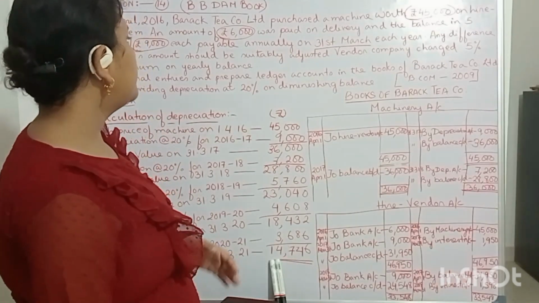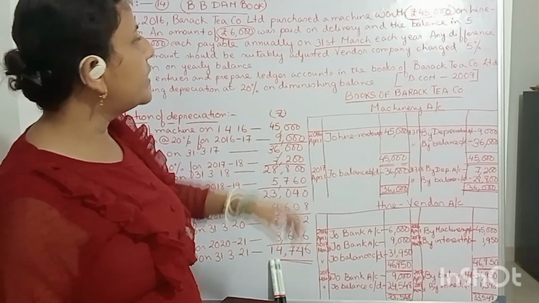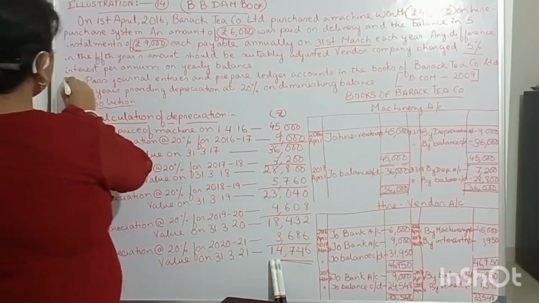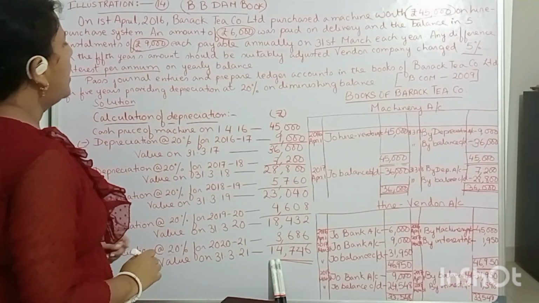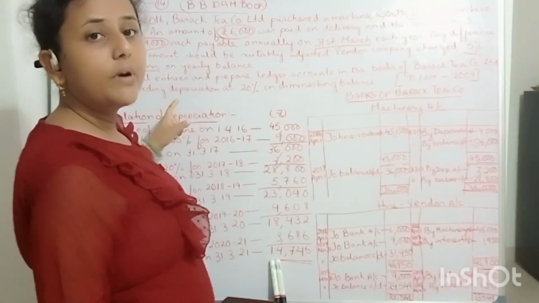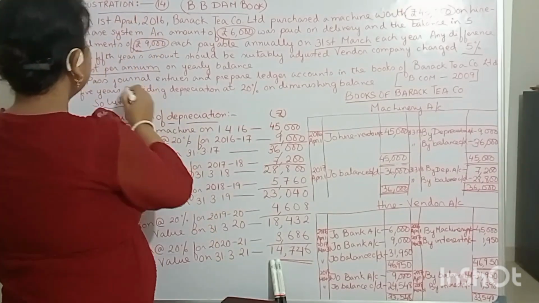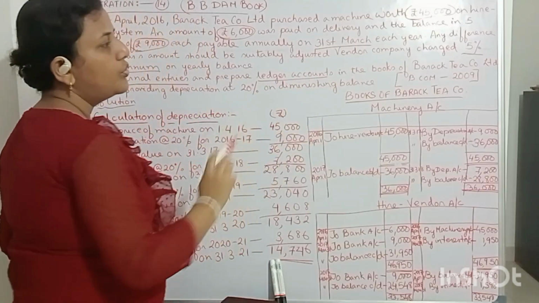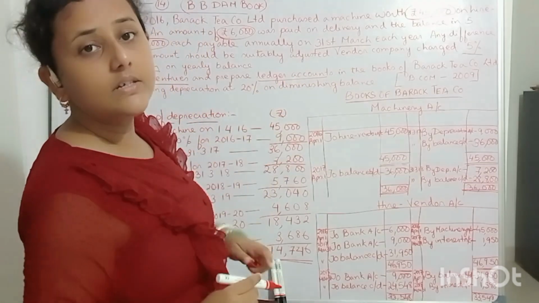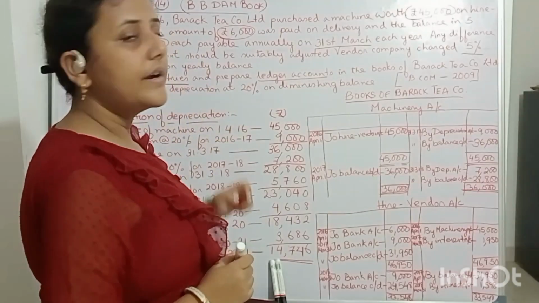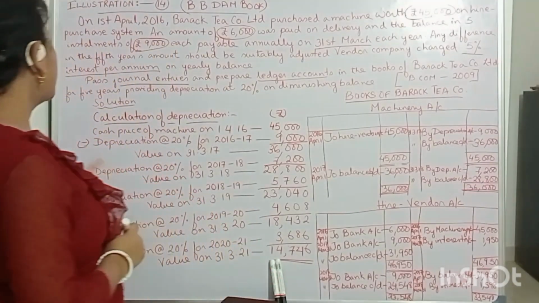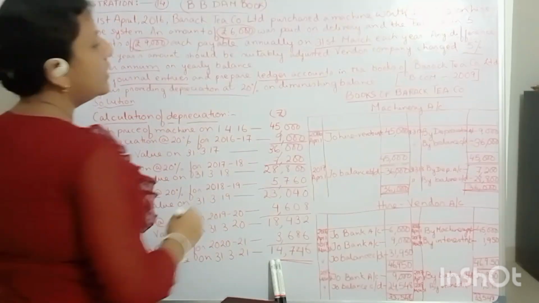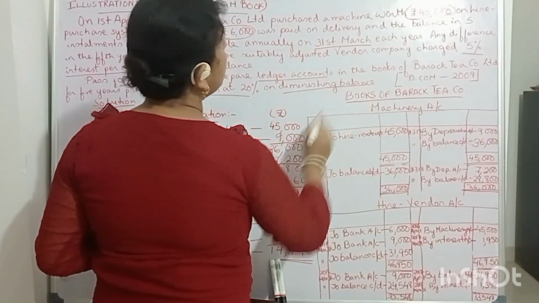So you are required to pass journal entries and then prepare ledger accounts in the books of the hire purchaser, Barrack Tea Company Limited, for 5 years, providing depreciation at 20% on diminishing balance.